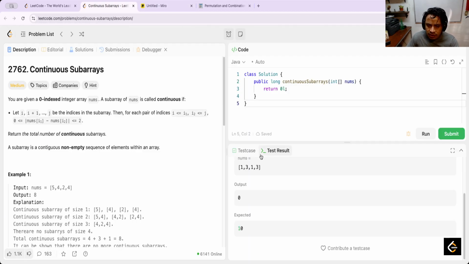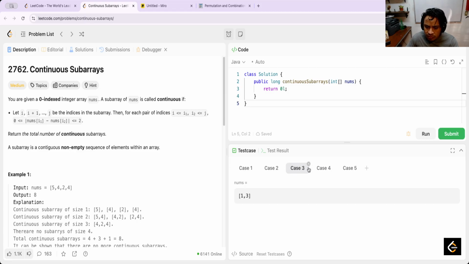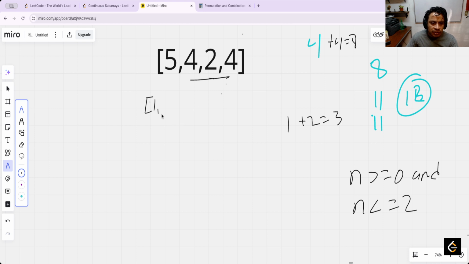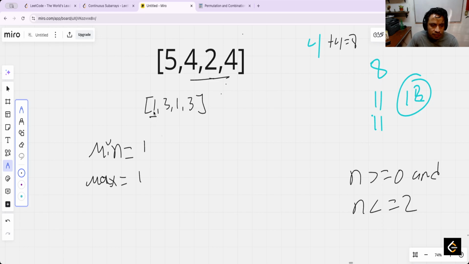What is the example that returns? Is this right? 1 3 1 3. Okay, we have this. Sorry. Min max. This case is 1. Okay, we have 1. This is the length.